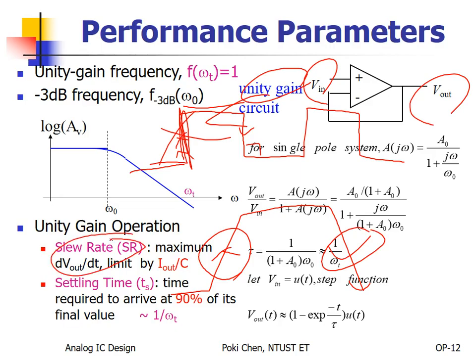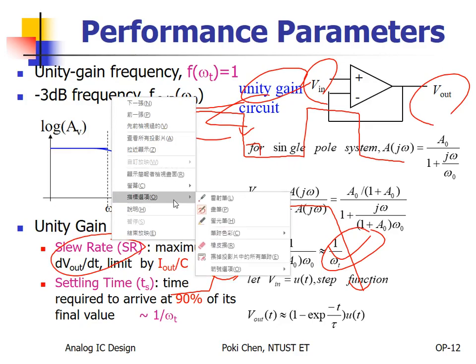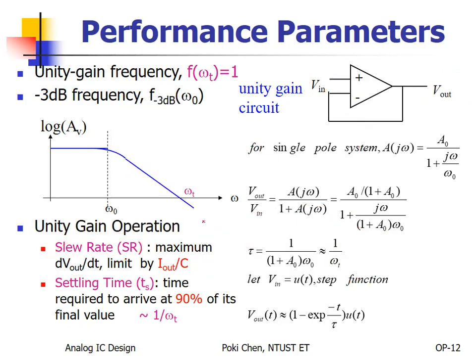So, what is the physical limitation for the slew rate? The major issue related to slew rate is how much parasitic capacitance is at the output, including yourself and the load.